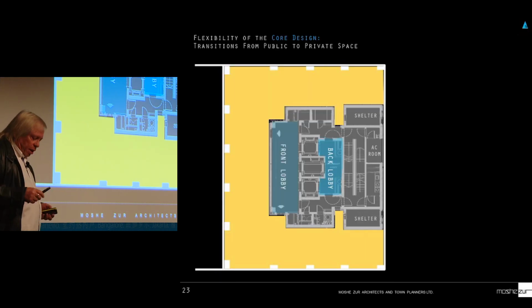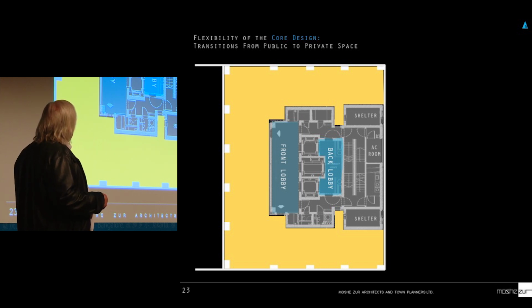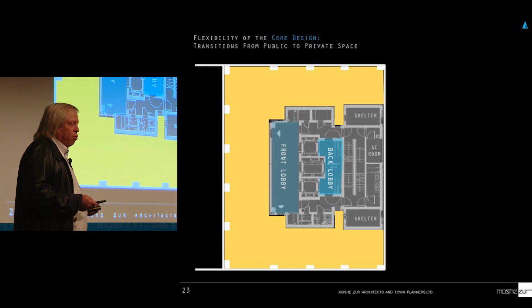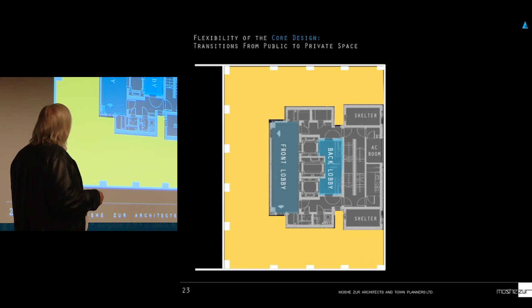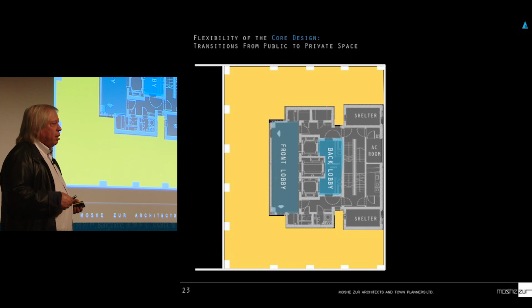The plan is very interesting because we have created a core with a double lobby. There is a back lobby which acts as a technical lobby, also for firefighting people and technicians, etc. And actually all the dirty work is done here. And there is a front lobby which should be elegant and very nicely designed, as we consider it a semi-private space.